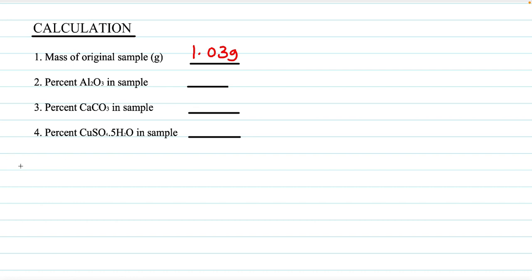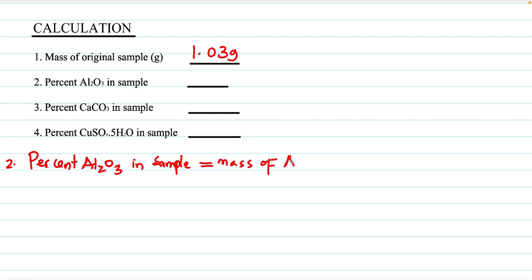Okay. Now for number 2, percent aluminum oxide in sample is equal to mass of aluminum oxide all over mass of original sample times 100.